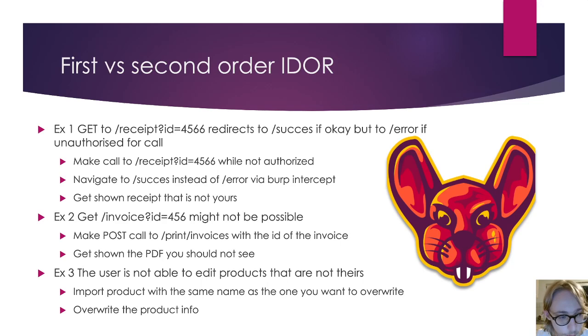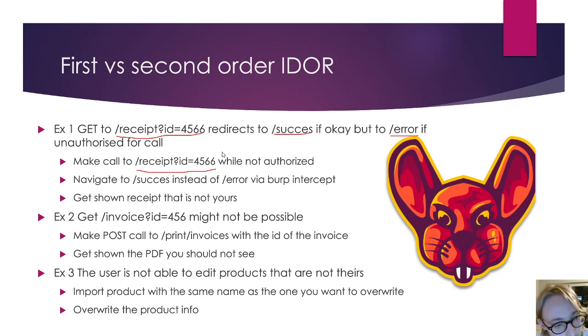I already gave you one before. For example, you make a GET request to the /receipt endpoint, and you're including your identifier. And when you do that, it might redirect you to /success or to /error if you make an unauthorized call. Now, if you make that call with your Burp, I don't mean Intruder, of course, with your Burp interceptor, you're going to be able to follow the redirection.